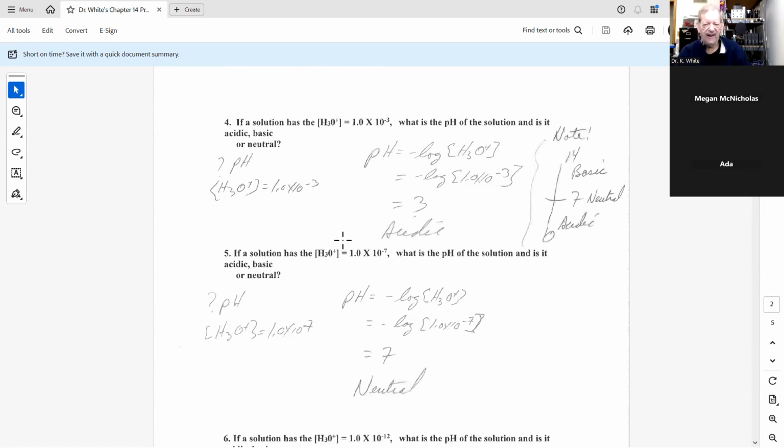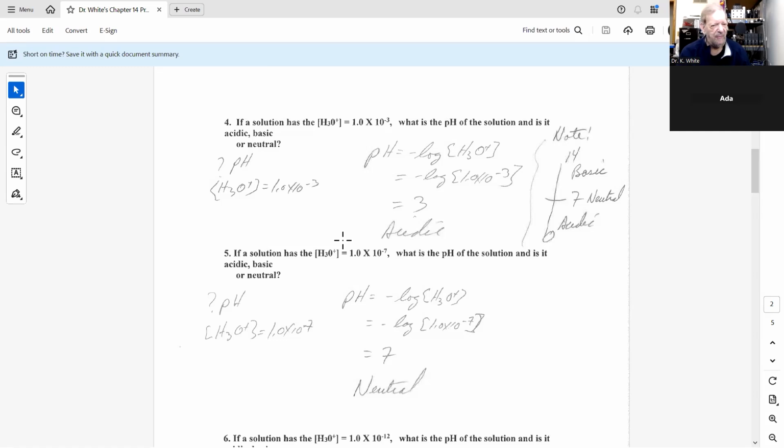All right, let's look at a couple of these. Number 4: if a solution has hydronium ion concentration, H3O+, equal to 1.0 times 10 to the minus 3, what is the pH of the solution, and is it acidic, basic, or neutral? We're trying to find a pH. We're given that pH equals minus the log of the hydronium ion concentration.